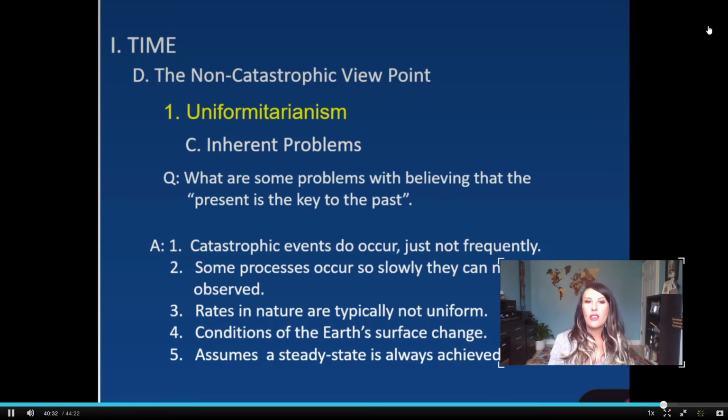Lucky enough, we understand how glaciers move and how they entrain sediment and how they leave a record in the geological landscape. So we have evidence that there was once glacial activity there. But because conditions on the Earth's surface change over time, the present can't just be a key to the past, because sometimes things on the surface change.